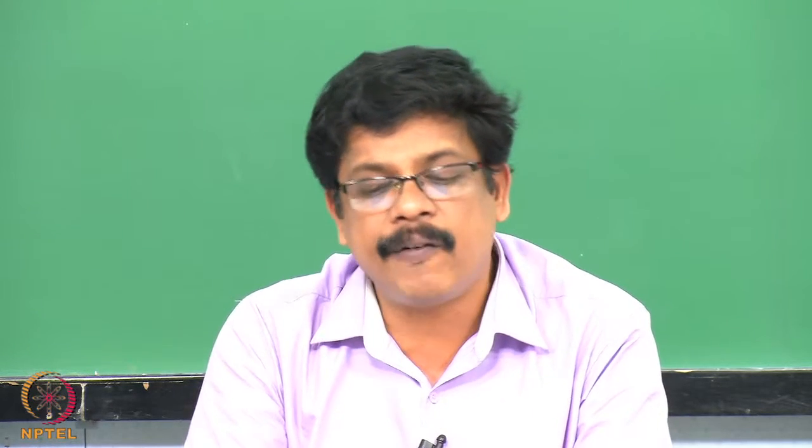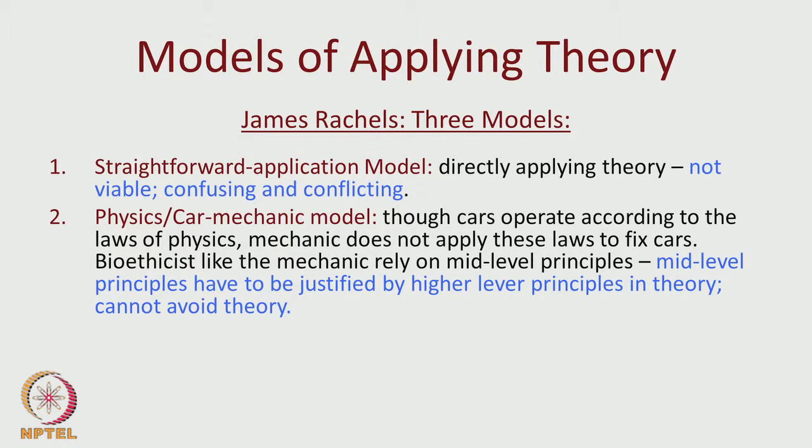On some occasions this works perfectly well, but on many occasions this may not work at all. Mid-level principles have to be justified by higher-level principles in theory, and on several occasions we cannot avoid theory, it takes us back to theory quite frequently.